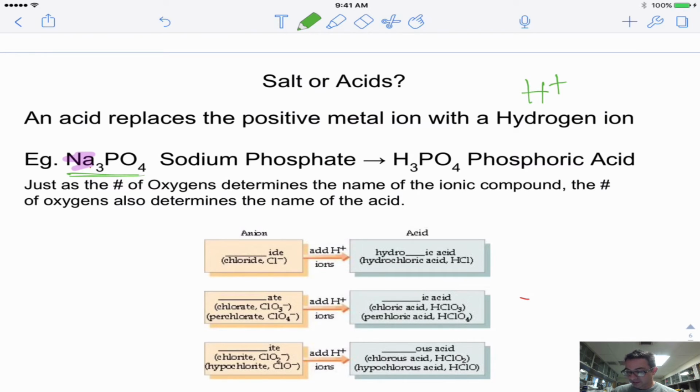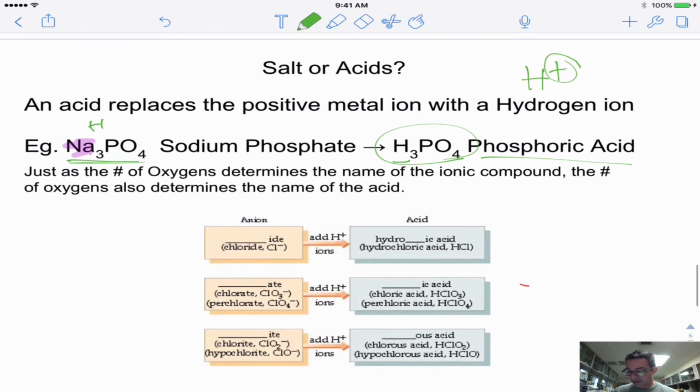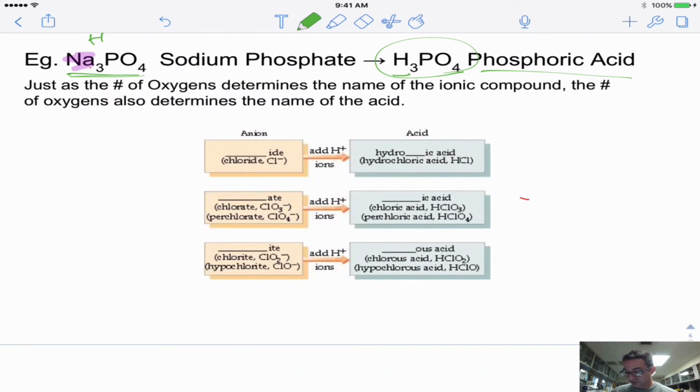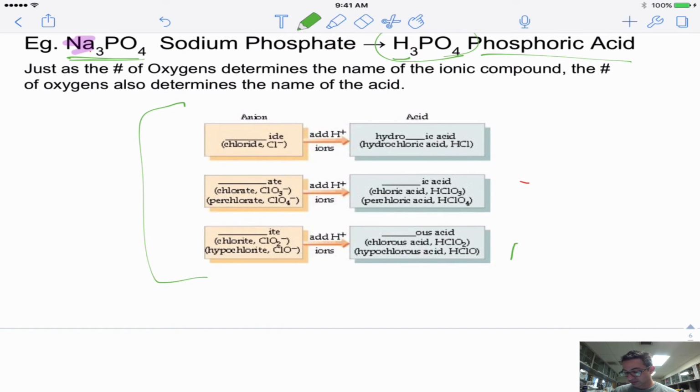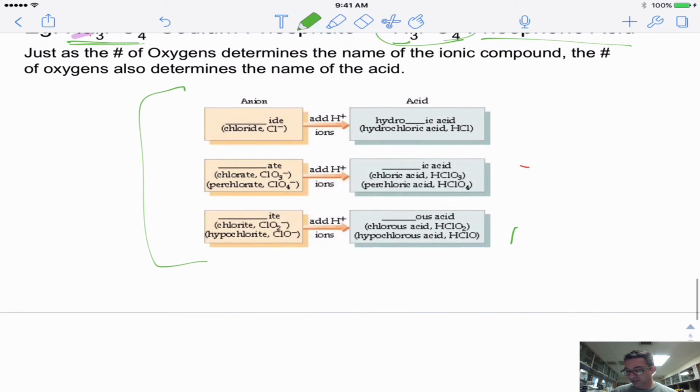So something like sodium phosphate, sodium's +1, hydrogen is +1. So the hydrogen, you would need 3 of them to replace the 3 sodiums. You would have H3PO4. We call this phosphoric acid. Now, how do I know how to name this? Well, I'm going to rewrite this chart here. I like it a little bit differently organized, but this chart goes through how to change the naming.